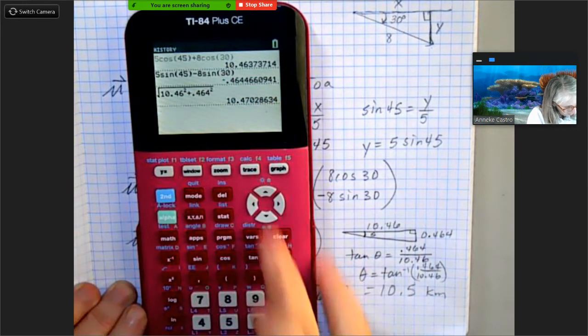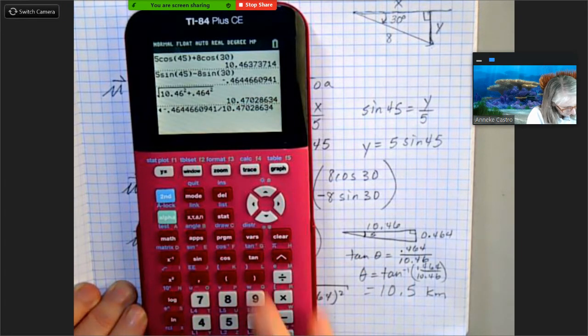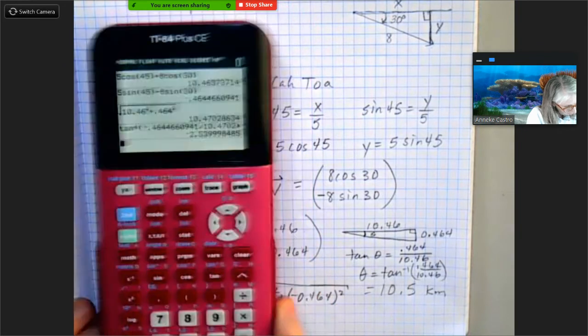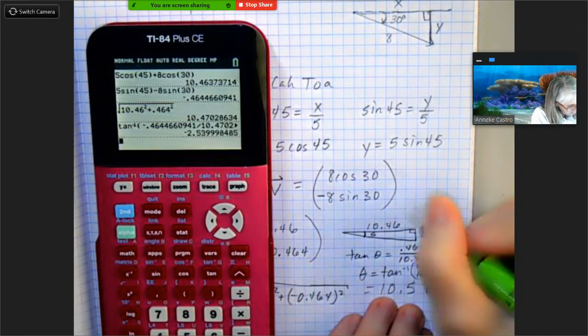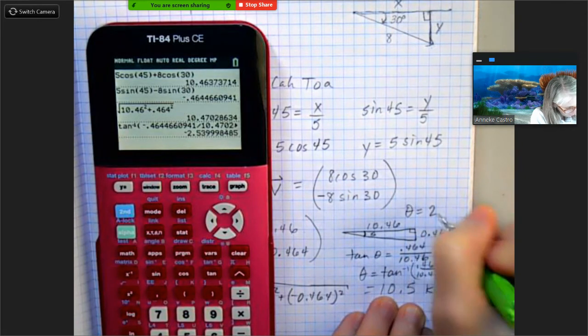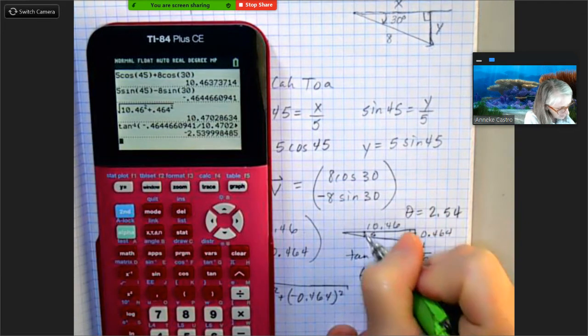So that one divided by that one. And the negative shouldn't matter. And I get 2.54. So my theta, this angle right here, theta is equal to 2.54. Sorry, it's such a mess.